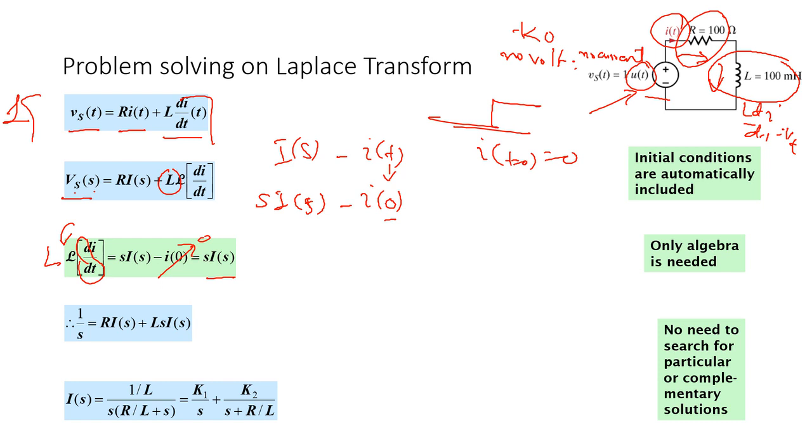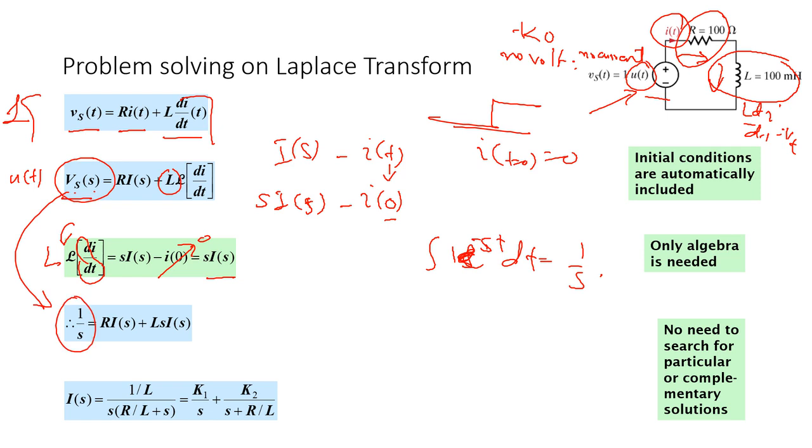And now we have V of s for the final condition. So V of s is here u of t. What does the Laplace transform of the constant u of t come out to be? The integral of e power minus st dt. Its Laplace transform always comes out as 1 over s, so instead of the constant we wrote 1 over s. If there were 12 volts here, we would write 12 by s.